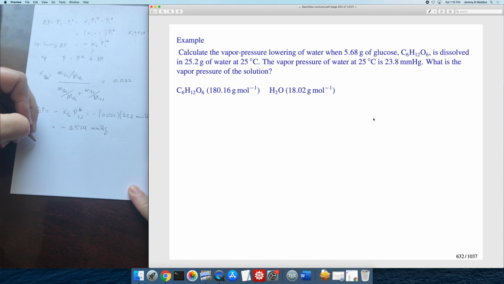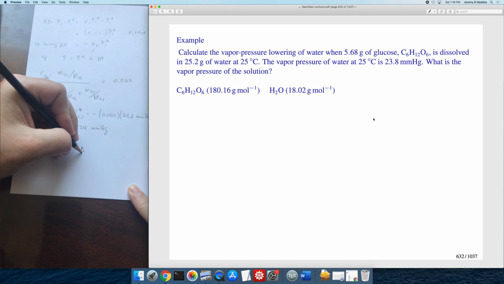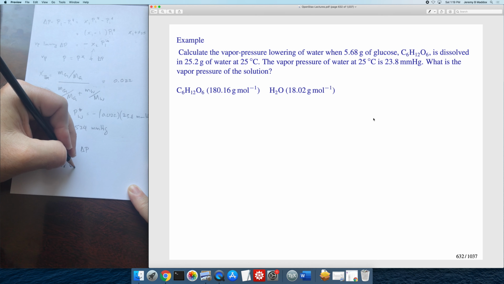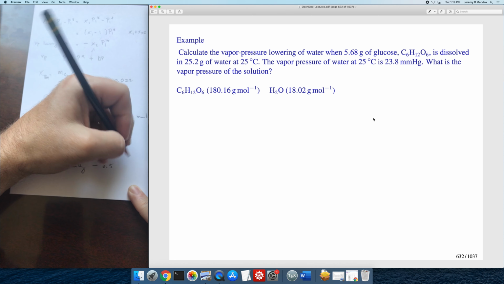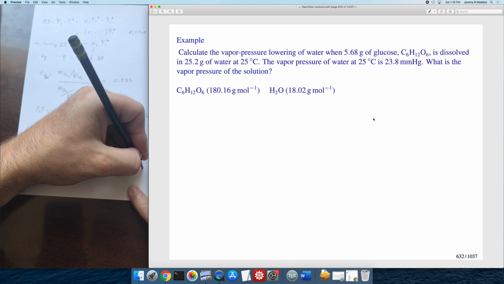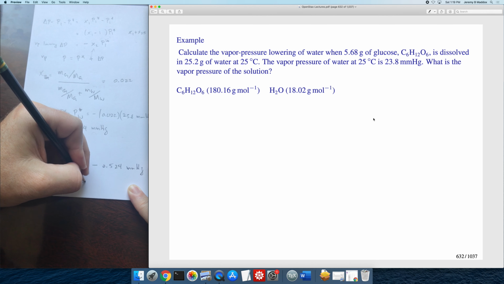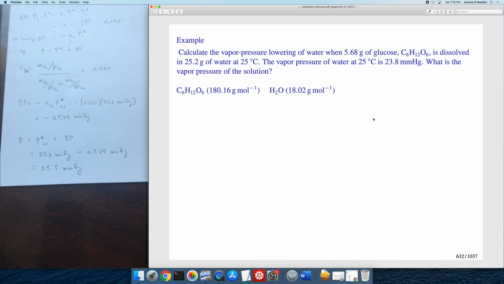Then to get the vapor pressure of the solution, it's going to be the vapor pressure of the water plus the delta P. And so that's the answer that I'm getting for this one.